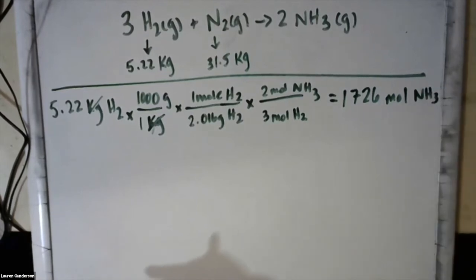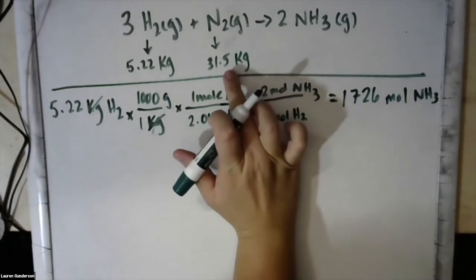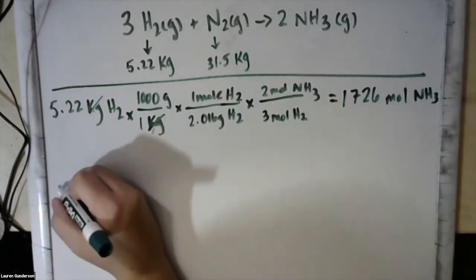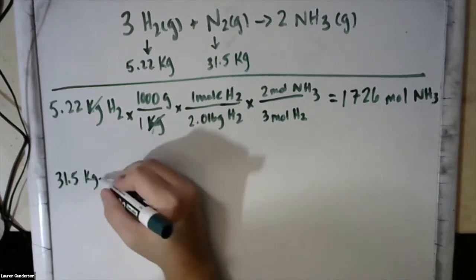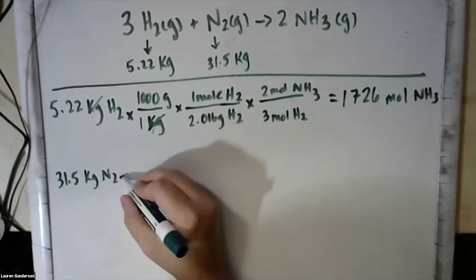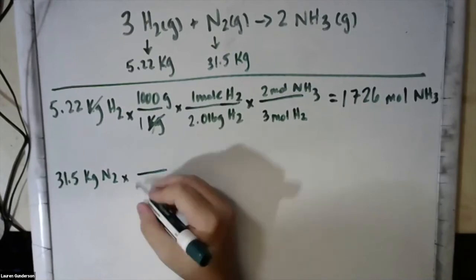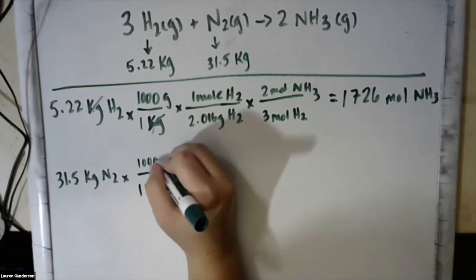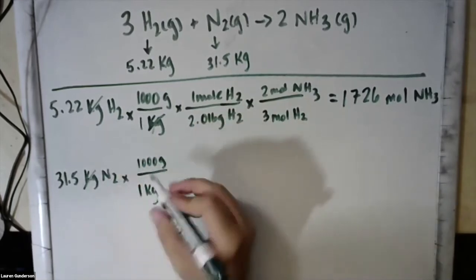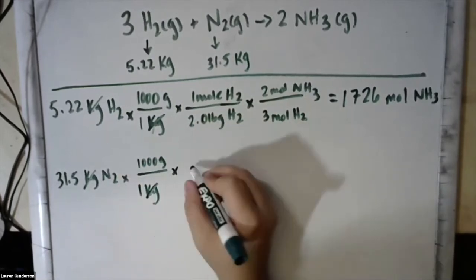Now we're going to do the same process for our nitrogen. So we start with 31.5 kilograms of nitrogen. Again, we're going to go from kilograms to grams, and then to moles, because our periodic table is in units of grams per mole.